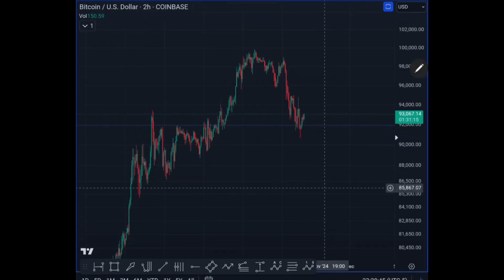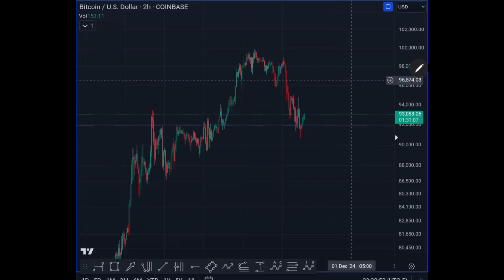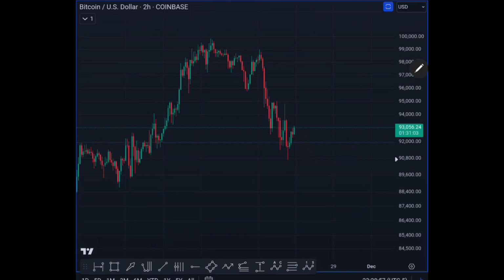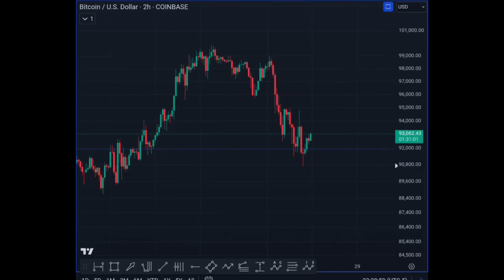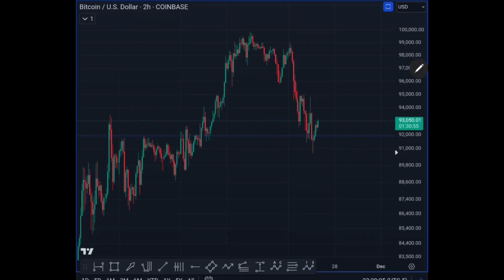But if you get down there to the 85 area, you're at risk of closing a lower low on the daily, and then you would look for a lower high. So if the market makers or whoever's running this market wants to maintain the uptrend, they're going to make sure that the daily candle won't close below 88 or so.